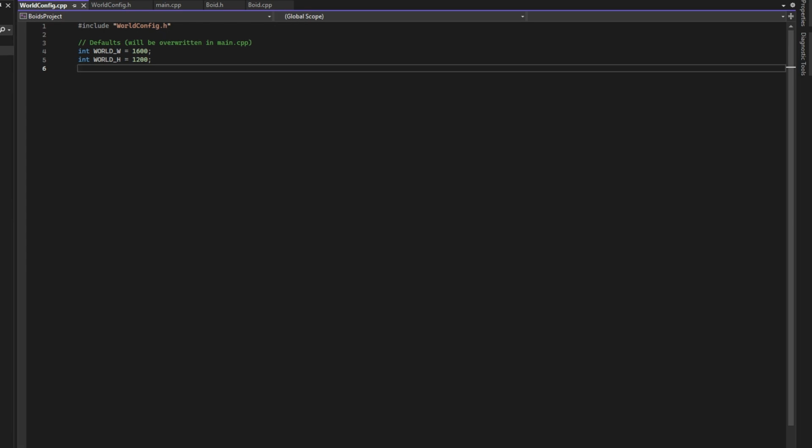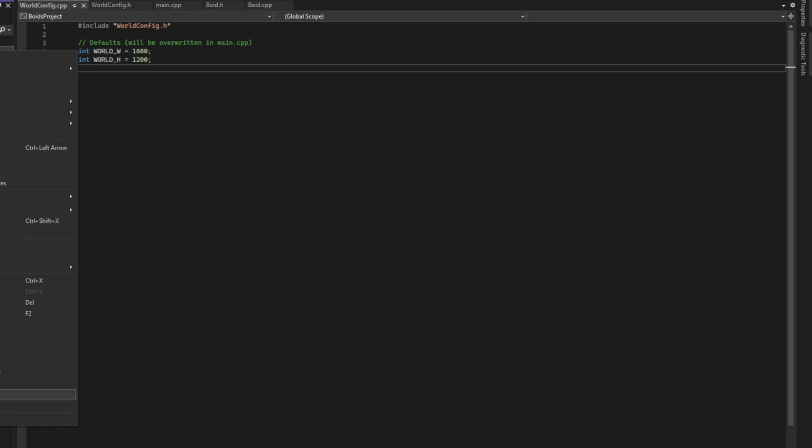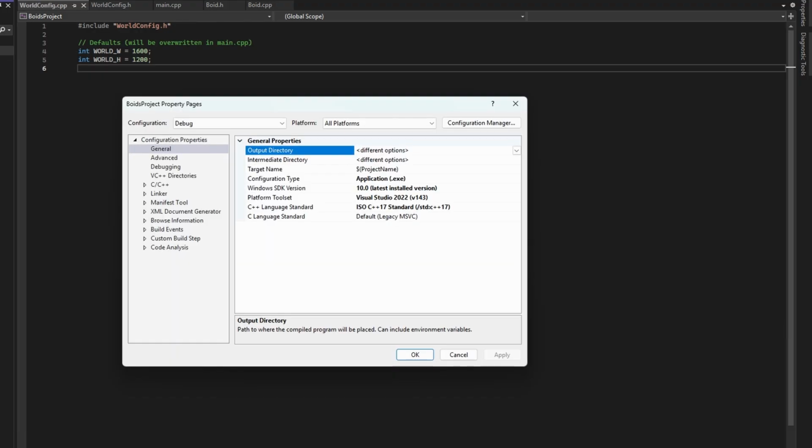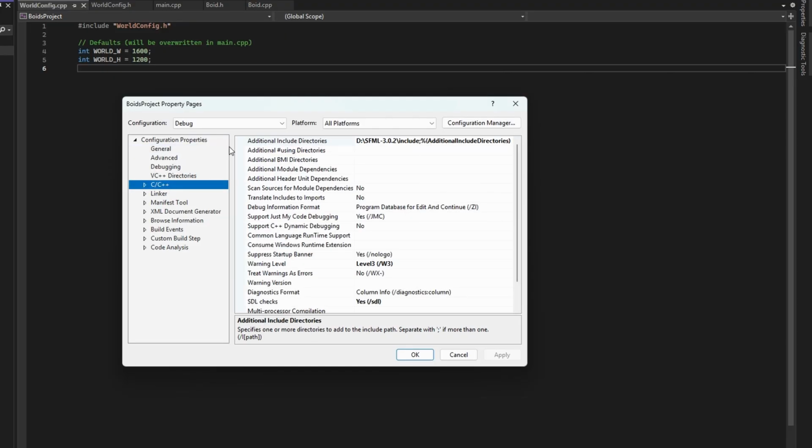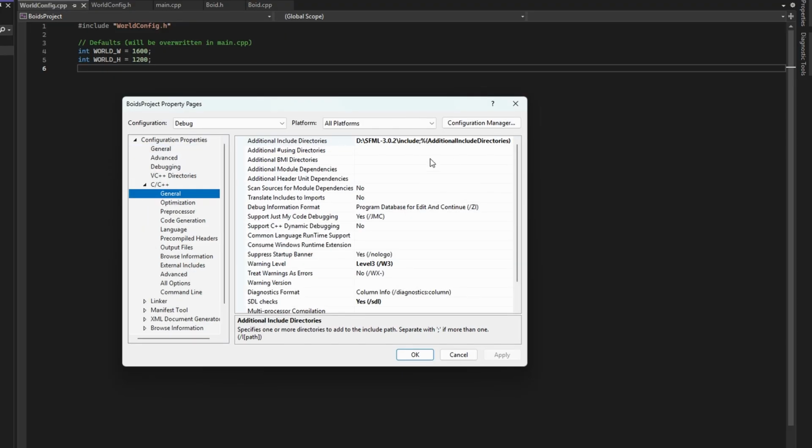The other problem I had with this project was getting the SFML libraries to work with C++. They're designed for C++, but to actually get them all properly included took quite a bit of work.